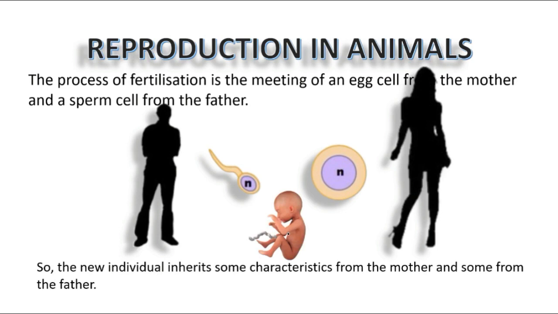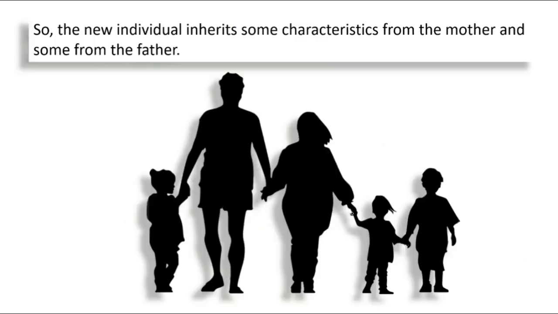So if a child is born because of the fertilization of these two, this child will have all the possible characters of a father as well as mother, because these carry chromosomes and they are the materials to transmit characters from parents. If you look at a particular family, you will find the children are just similar to their parents. Either they resemble mother or father, right?